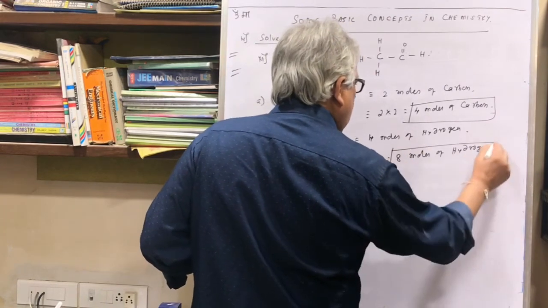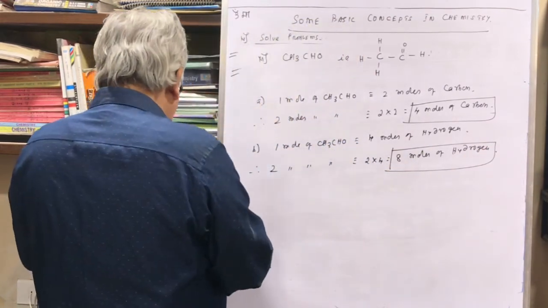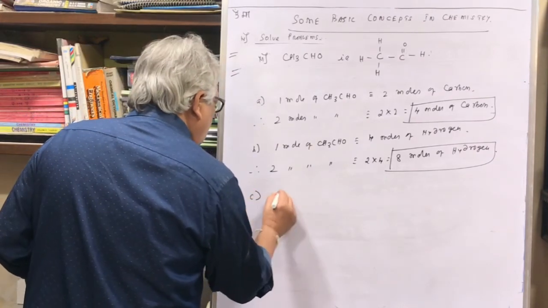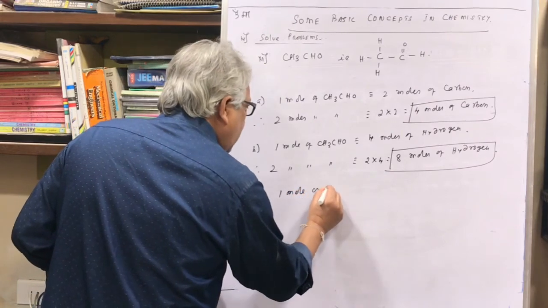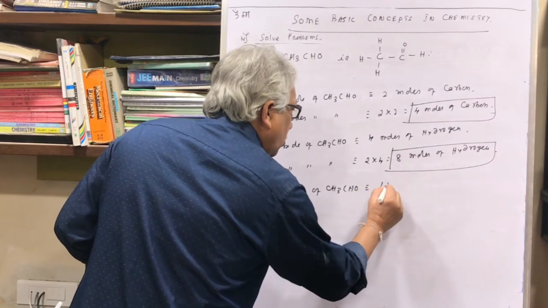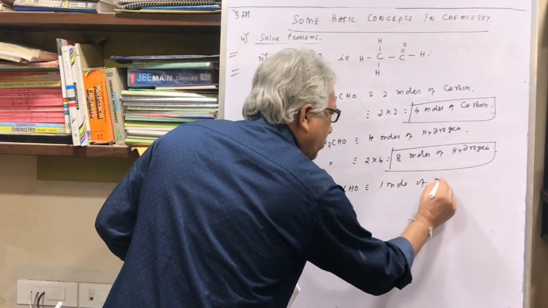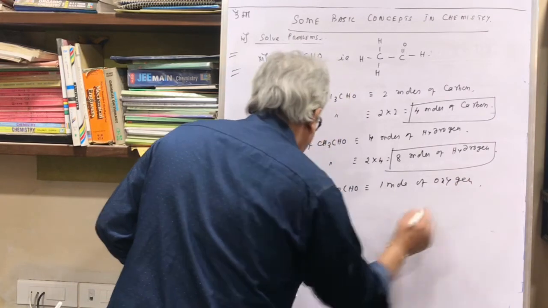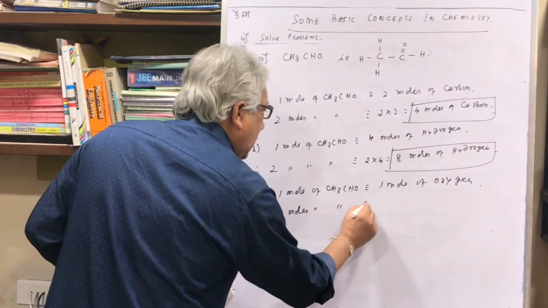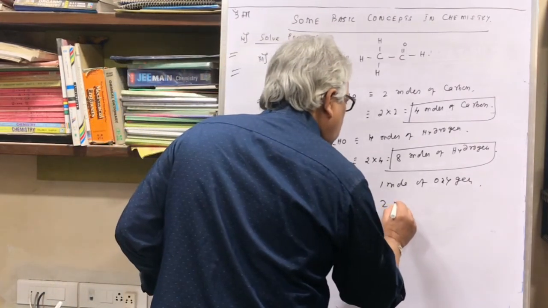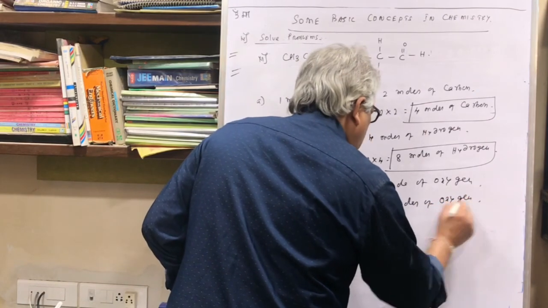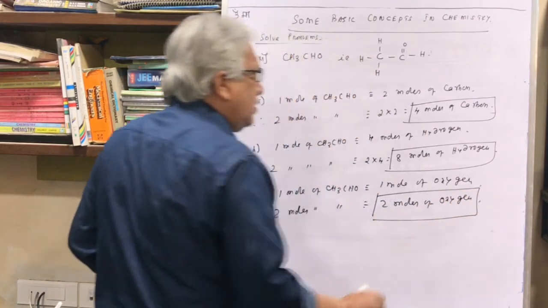So, that is the second answer. The third thing they have asked me, how many moles of oxygen? Now, that is very simple. 1 mole of acetaldehyde corresponds to 1 mole of oxygen. Therefore, 2 moles of acetaldehyde will correspond to 2 moles of oxygen. So, A, B, C is done.